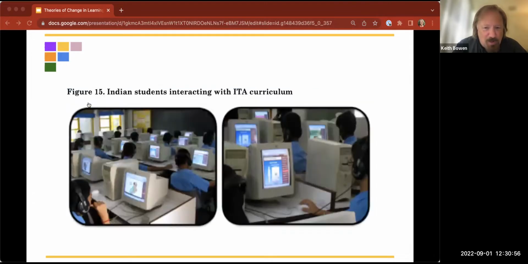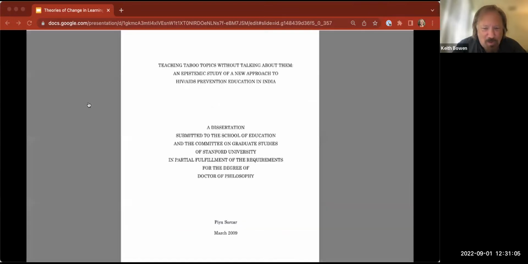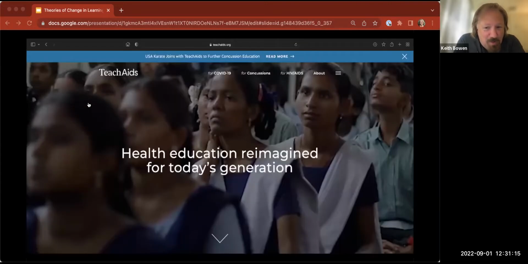So as their product got more refined, they, of course, tested at scale. And in fact, next slide, Pia built a whole dissertation around this work, which is a lot of effort, of course, and not every product goes to this length, but it's an enlightening example because the effort has led to a lot of success.